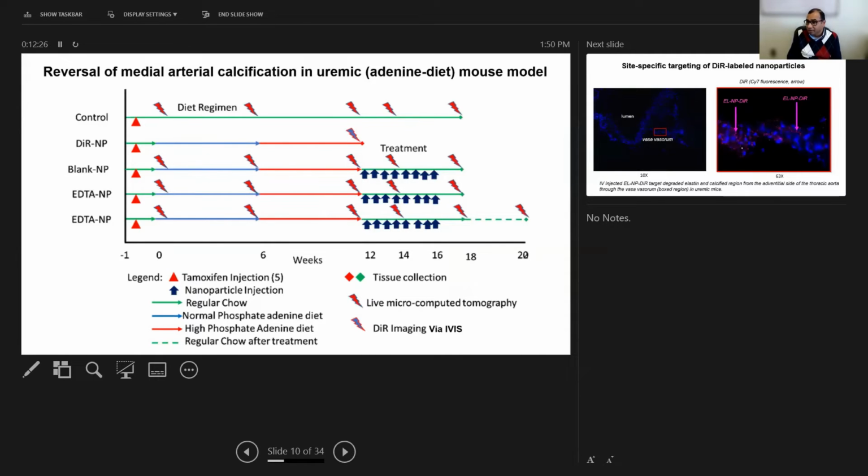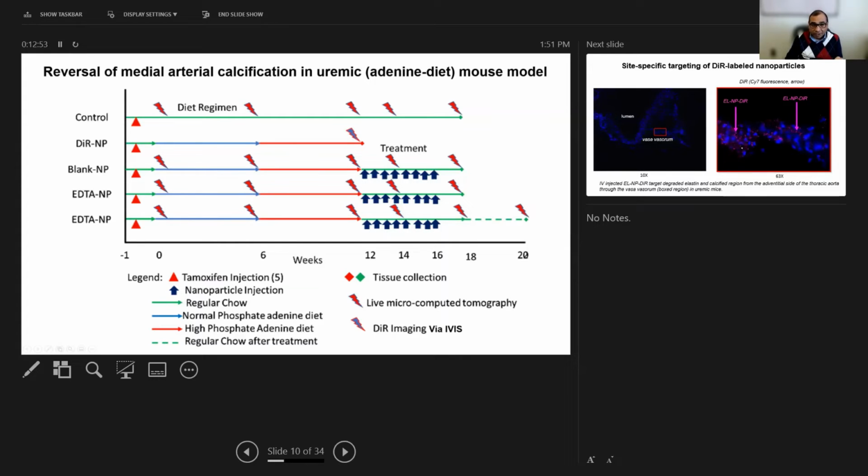The advantage is that when we inject these nanoparticles, the elastin antibody directs them to places where you have elastic damage, which is really the places where we have the calcification. It does not interact with native elastin. So if you have an artery that has native and intact elastin, this antibody or nanoparticle will not go there. By using that approach, we are able to target these nanoparticles.